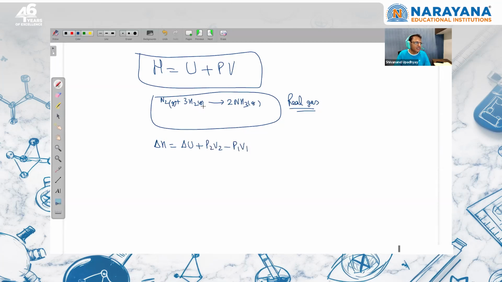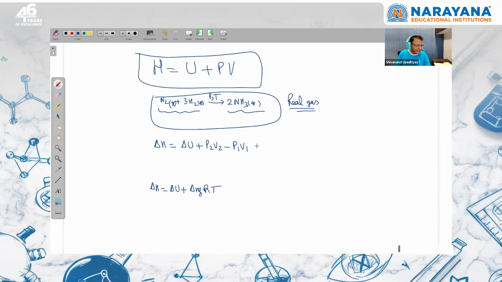Suppose this reaction is taking place at constant pressure and temperature. So we'll say that the initial volume of the system will be something and final volume of the system when this reaction will be completed will be something. Pressure and temperature is constant, right? But if this is real gas, we cannot write delta H is equal to delta U plus delta n g RT. You should understand that ये कब आएगा?